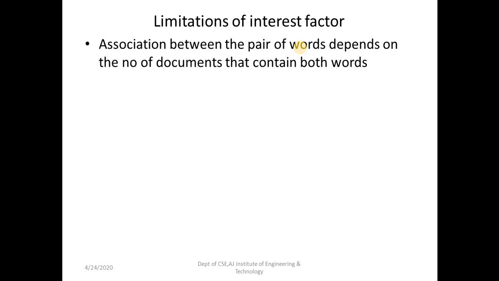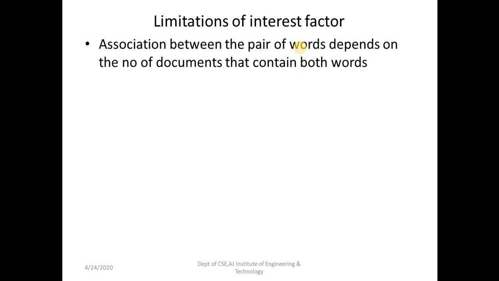For example, because of their strong association, we can expect the words data and mining to appear together more frequently than the words compiler and mining, right? So, if you have a collection of computer science articles, the words data and mining would appear more frequently together than the words compiler and mining.